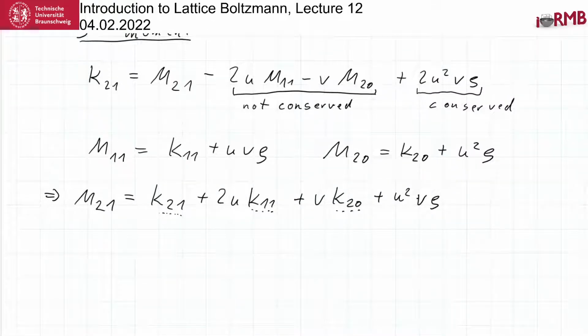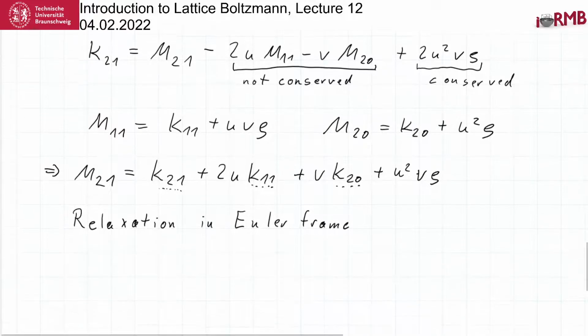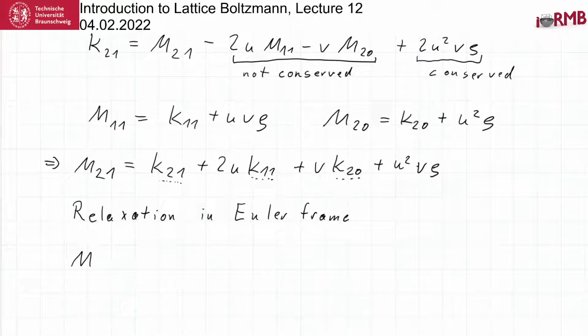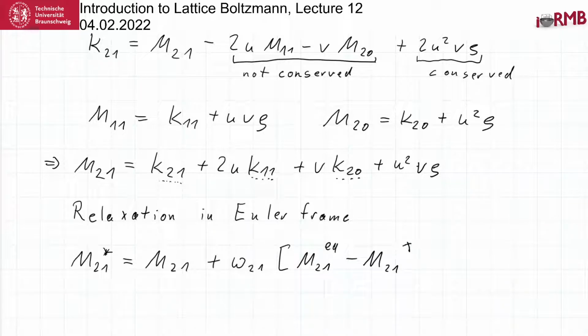So let's look at the relaxation in the Euler frame. So we have m21 equal to m21 after collision, equal to m21 before collision plus omega 21 times m21 equilibrium minus m21 before collision.